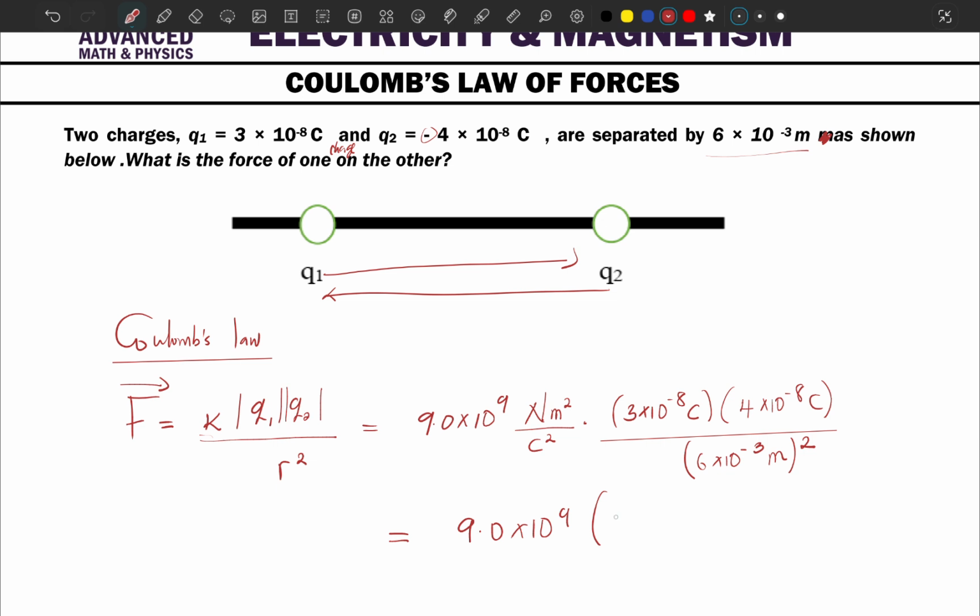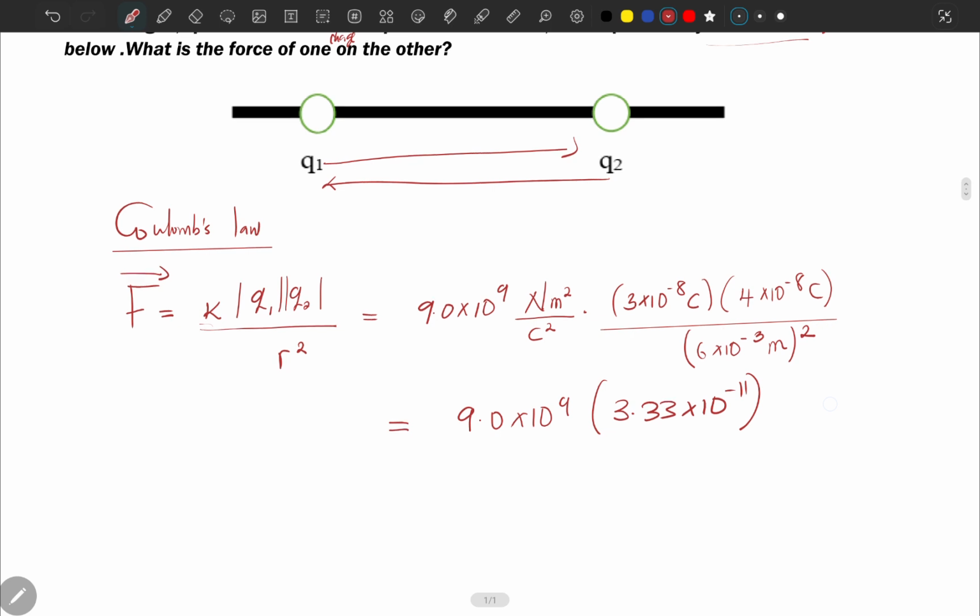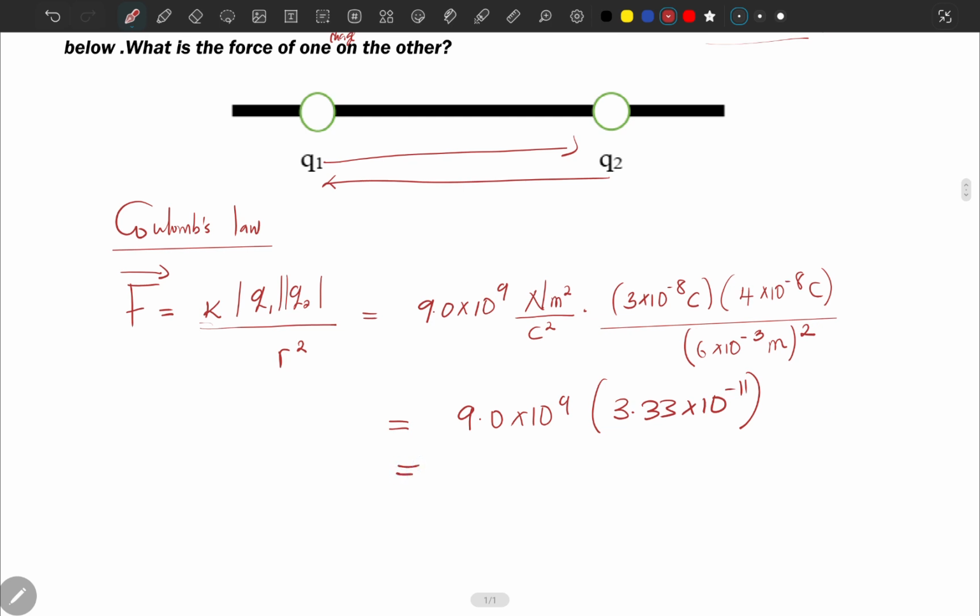I'm having something like 3.33 times 10 to the power negative 11. Multiplying this by 9 times 10 to the power 9, it's giving me a force of 0.30 newtons.